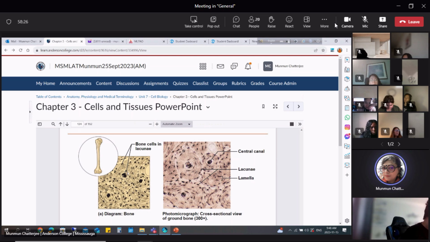They are called lacunae. You are going to understand later why lacunae are needed: because it's a hard bony structure, it needs channels, like tubes, to pass materials inside the cells and in between the cells.